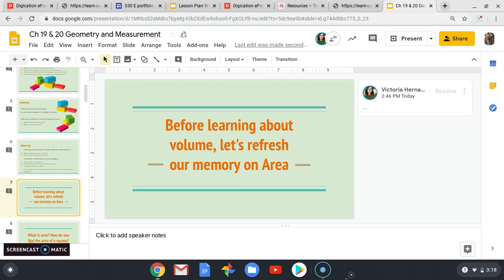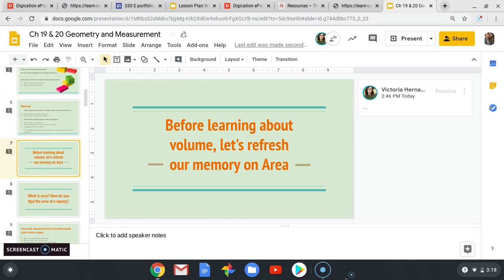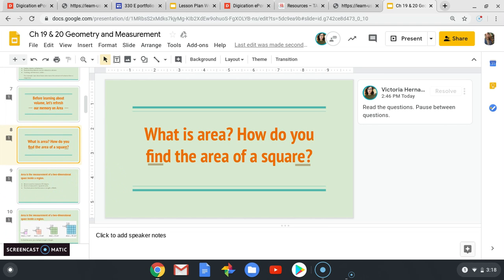Before moving on with volume, we need to refresh our memory on area because they do go hand in hand. Does anyone know what area is? Do you remember? This is the 4th grade standard that you did learn. And how do you find the area of a square? A square has 4 sides and they're all even.